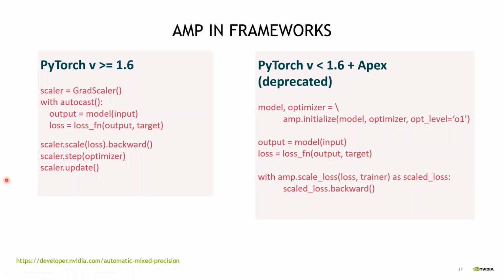There are two main parts. One part is the autocast. This is the casting part. We are casting our model to FP16 mode and storing FP16 weights and FP32 weights on the GPU. And second, we have the scaler.